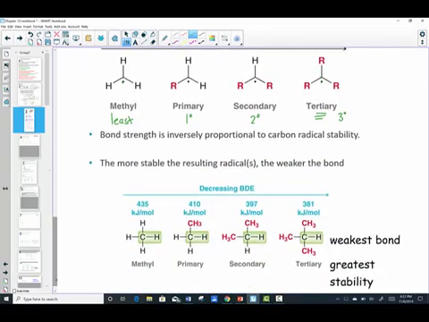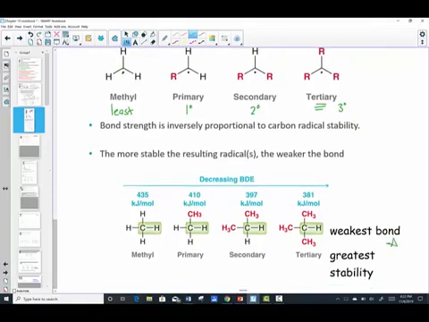And just to verify this, we know that bond strength is inversely proportional to the carbon radical stability. In other words, the general trend is right here. The weaker the bond, the greater the stability. So if we compare bond dissociation energies, BDE, bond dissociation energy, how much energy does it take to break a bond?